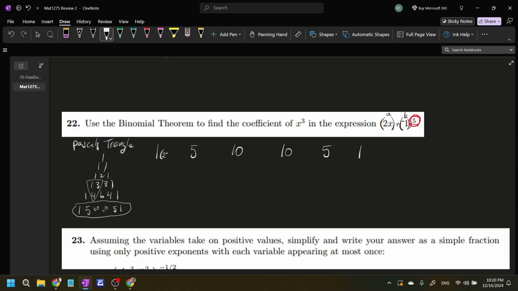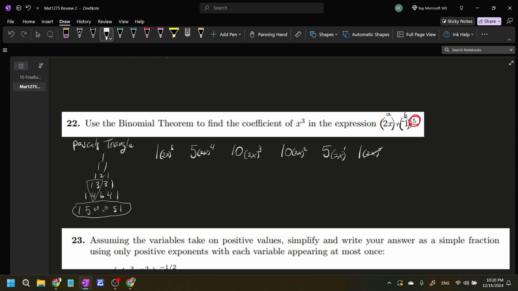So that's going to be 2x to the 5th, 2x to the 4th, 2x to the 3rd, 2x squared, 2x, and 2x to the 0 is just 1, so I'm not even going to write it. If it makes more sense, I'll leave it there, but it's going to go away. It's just going to become 1 when we cancel that out.